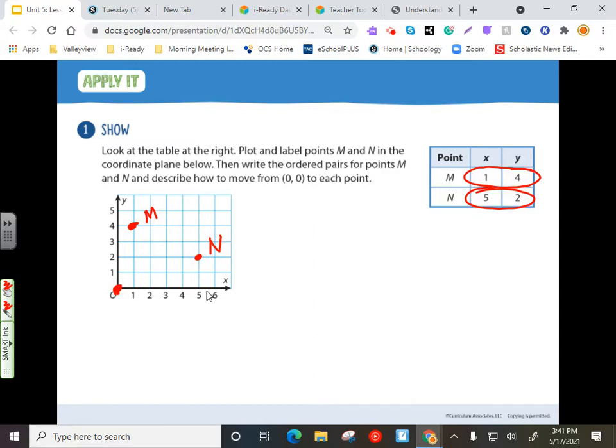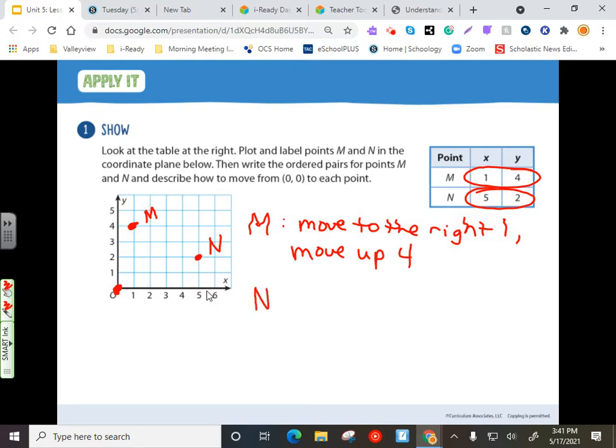So for M, we're going to move over 1 to the right, and move up 4.